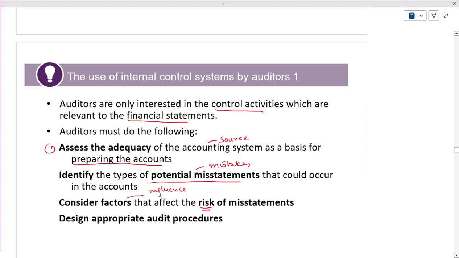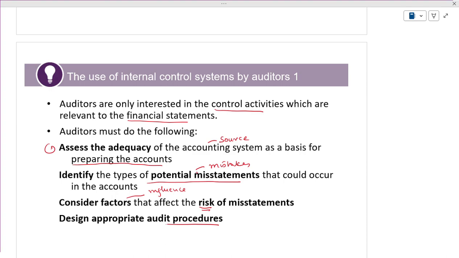And according to that, we have to design the audit procedures. We have to make sure that we have the relevant sources of preparing the accounting system. The relevant sources means the process from the beginning till the end.